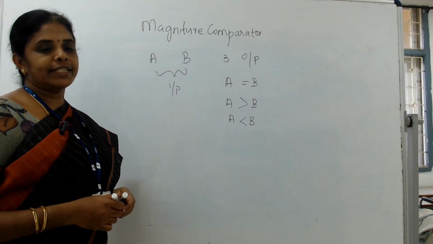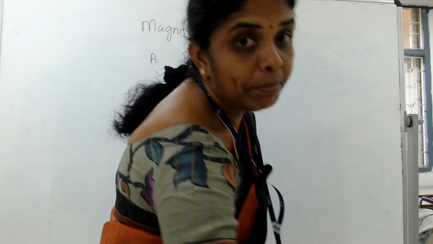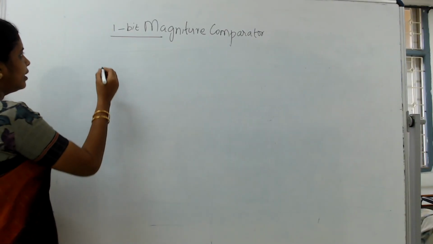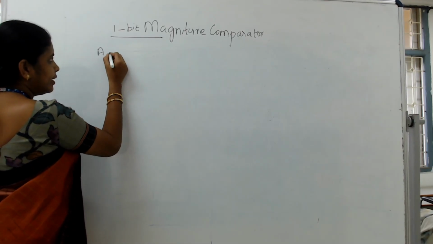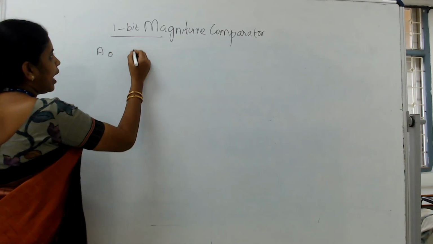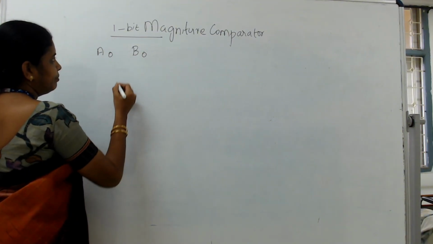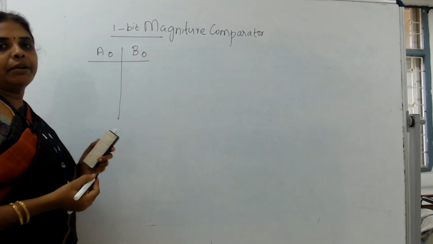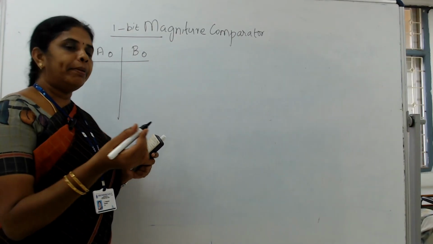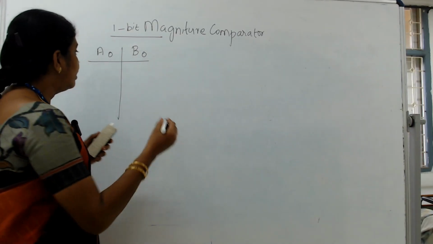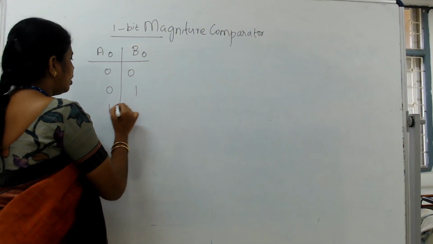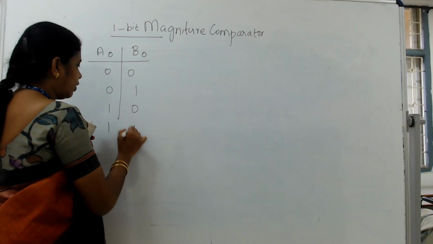Let us design the 1-bit magnitude comparator. A is 1 bit, let us consider A naught, and B is also 1 bit. A and B may have the combinations 0 0, 0 1, 1 0 and 1 1.